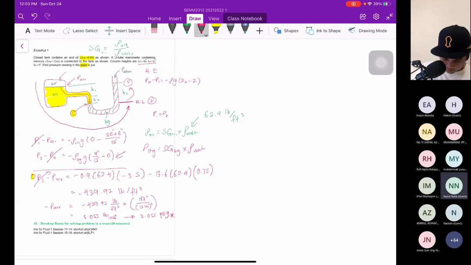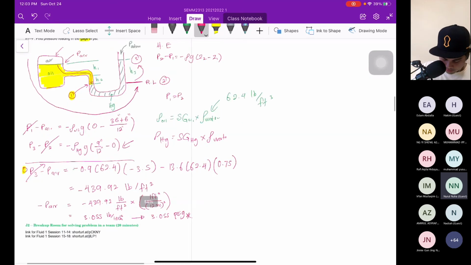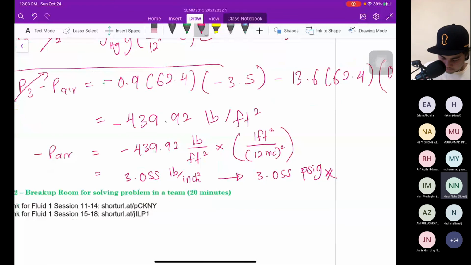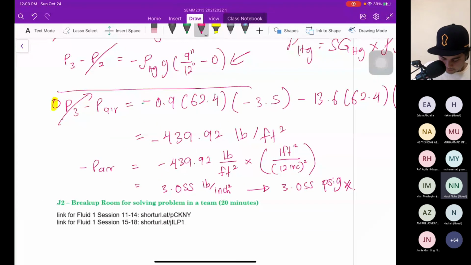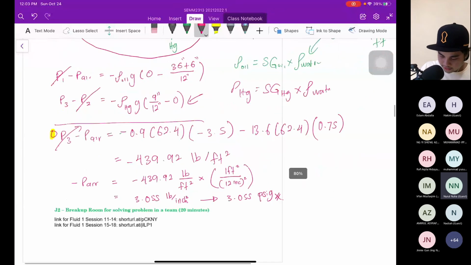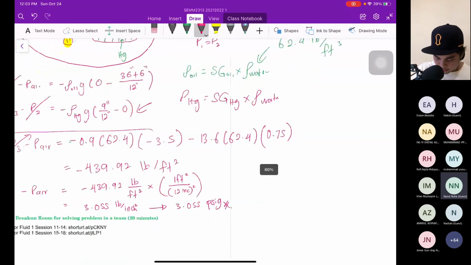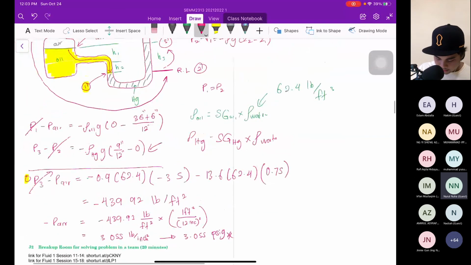For the 0.9 times 62.4 times negative 3.5, for P3 minus PA equals negative 0.9 times 62.4, do we need to multiply by G?